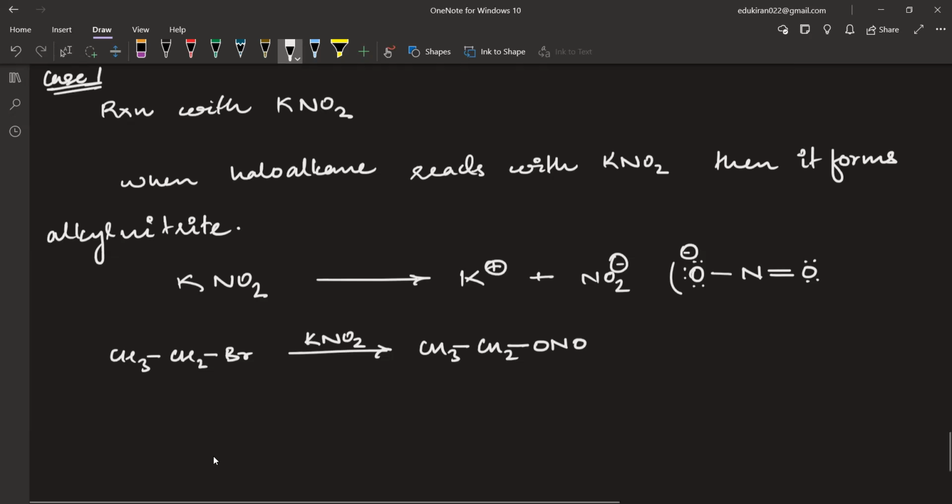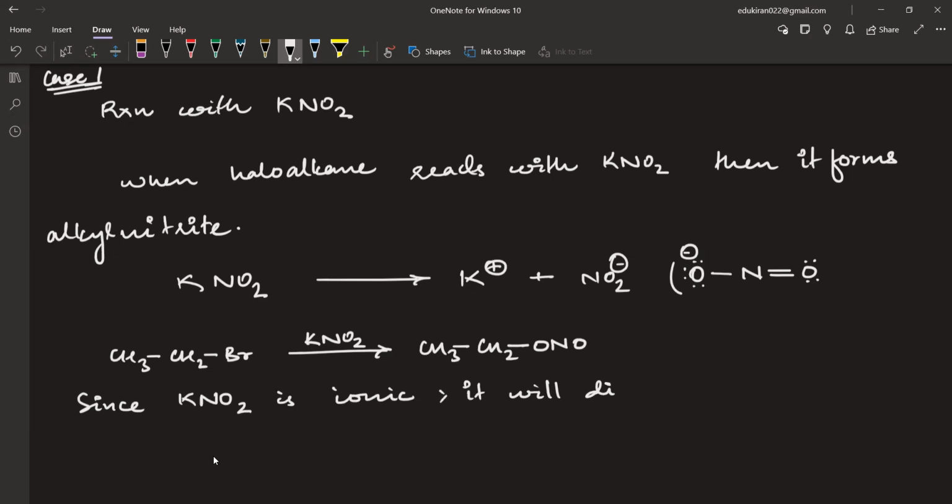So please write: since KNO2 is ionic, it will dissociate into K positive and NO2 negative.